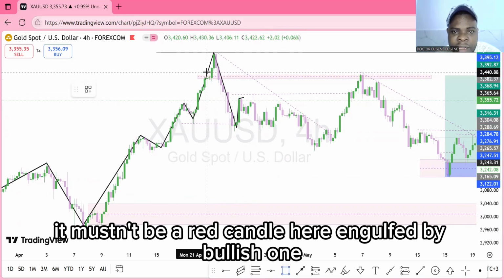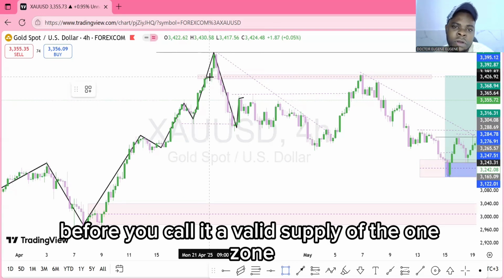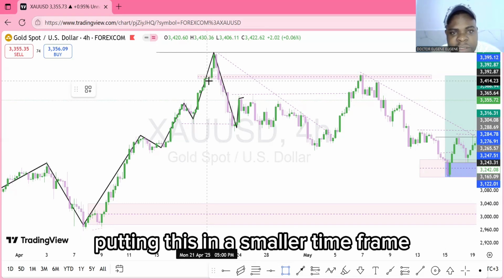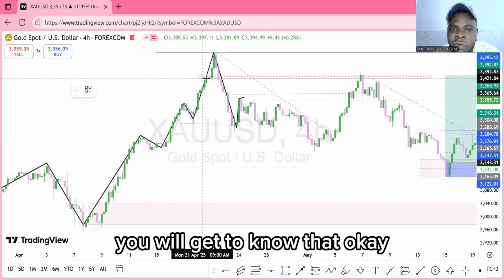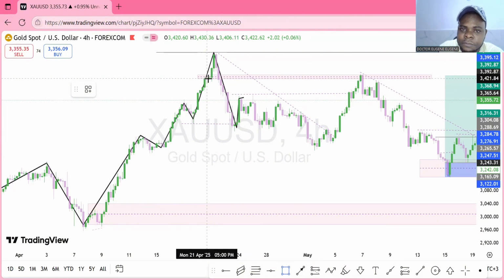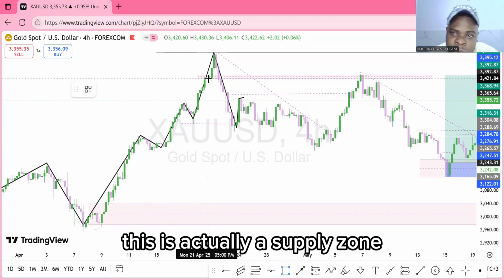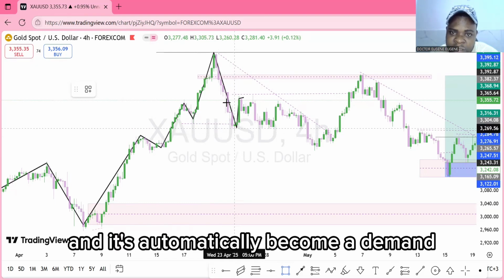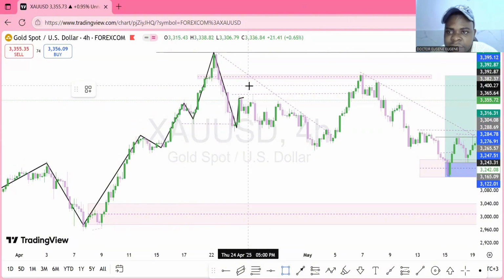It mustn't be a red candle engulfed by a bullish one before you call it a valid supply or demand zone. This is also a supply zone because, putting this in a smaller time frame, you will get to know that this point is actually a supply zone. And this supply zone got broken and it automatically became a demand.